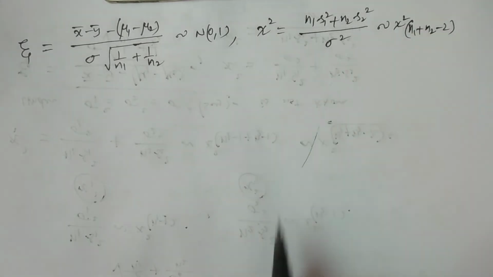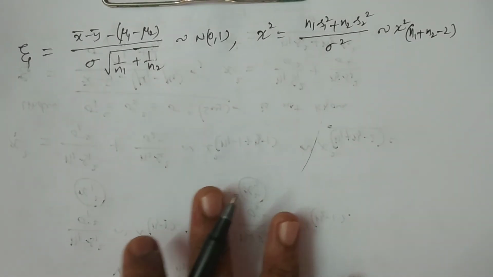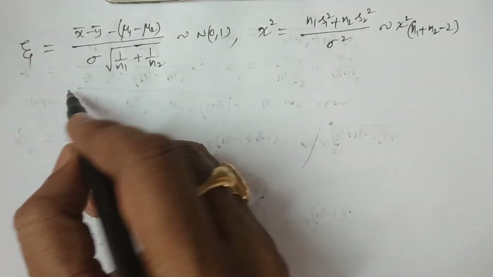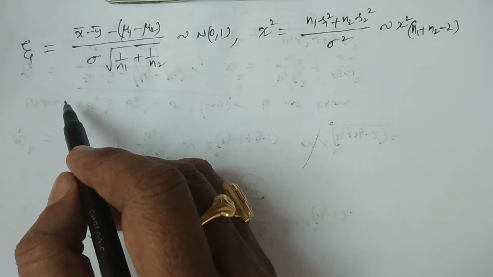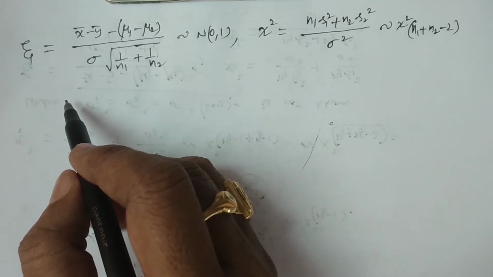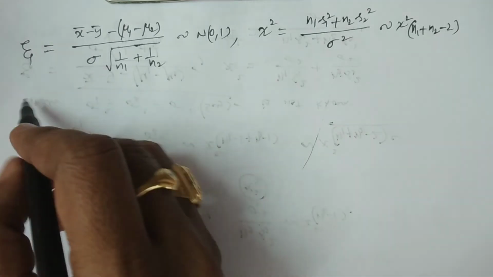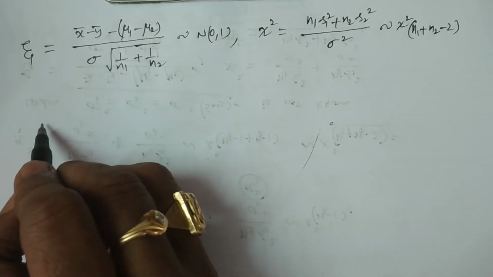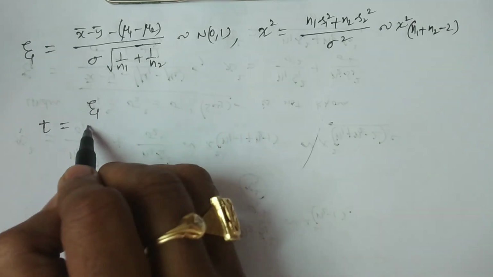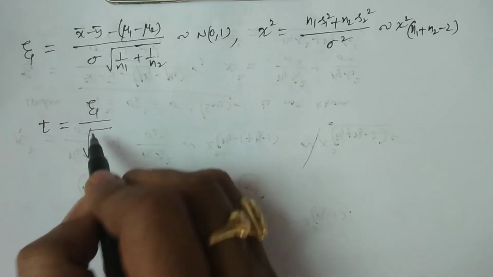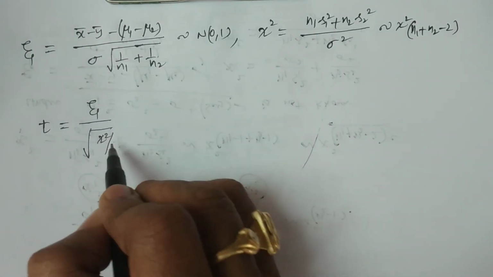This is the final conclusion under the assumption that sigma 1 square is equal to sigma 2 square, that is, population variances are equal. Then the t statistic is chi divided by square root of chi-square by its degrees of freedom.